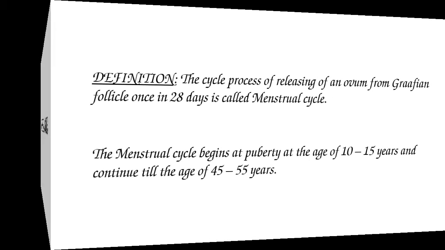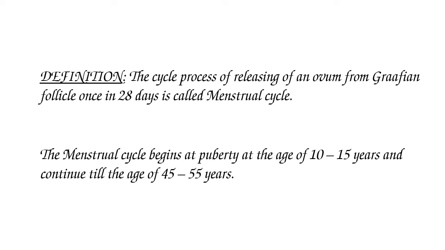Then the next concept is the menstrual cycle. The menstrual cycle is defined as the cyclic process of releasing an ovum from the Graafian follicle or ovarian follicle once in 28 days.